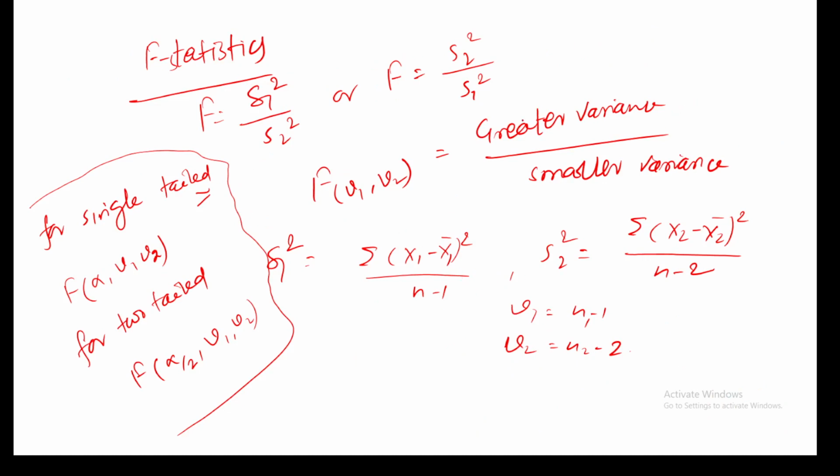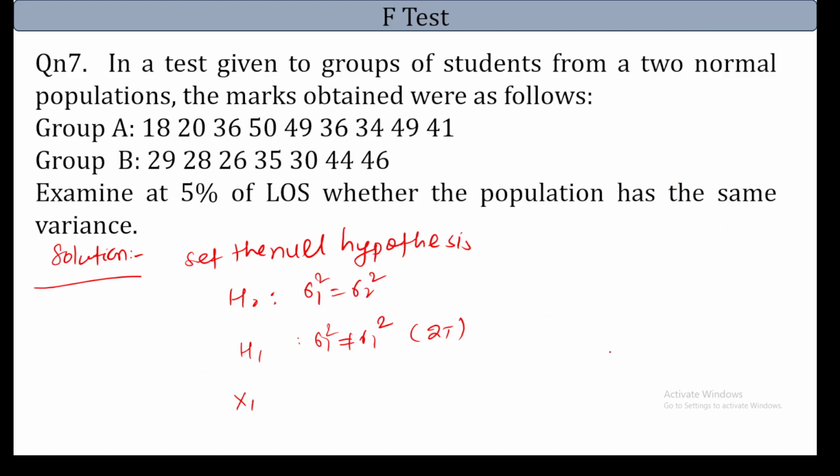It can also be s2 square by s1 square, but the thing is that it should always be greater than 1, so the greater variance by the smaller variance, in general. Here the degree of freedom for the first will be n1 minus 1, and for the second n2 minus 1. For the two degrees of freedom, we can get F calculated, and then we get F tabulated from the table.